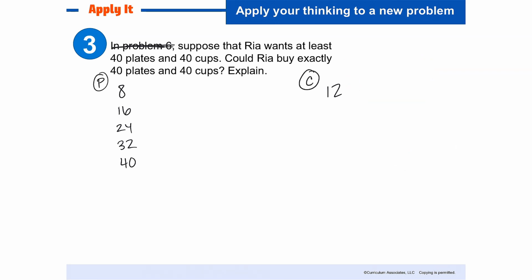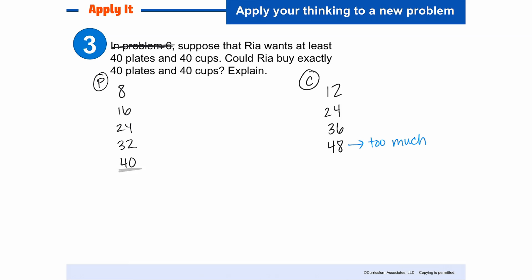So in the plates case, sure, we would get something that would equal out to 40. But if I'm going over to cups here, I have 12, 24, 36. Ooh, next one, 48. I wouldn't be able to have exactly 40 because this is too much.